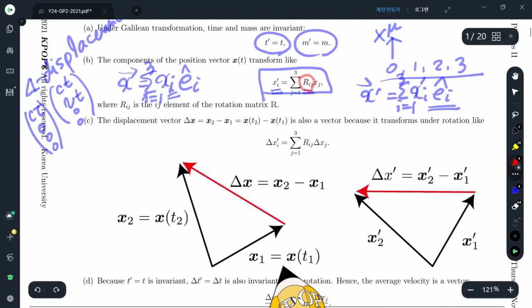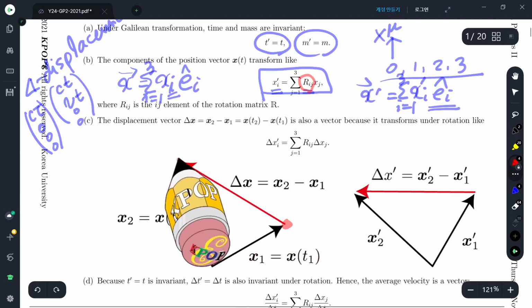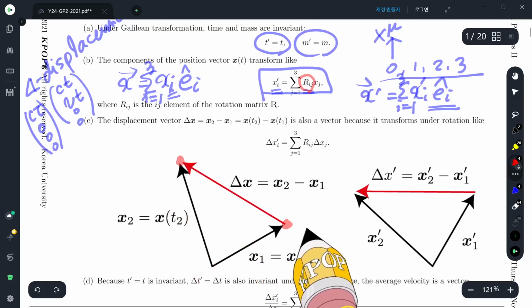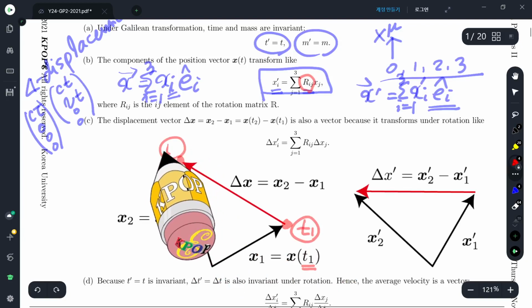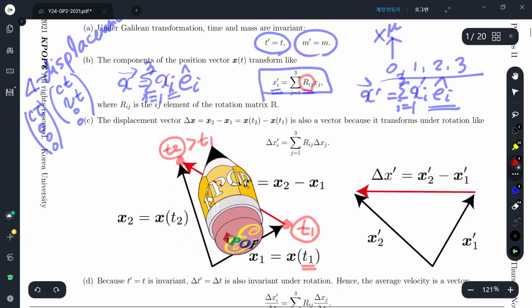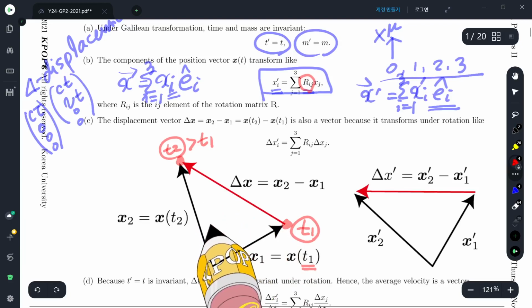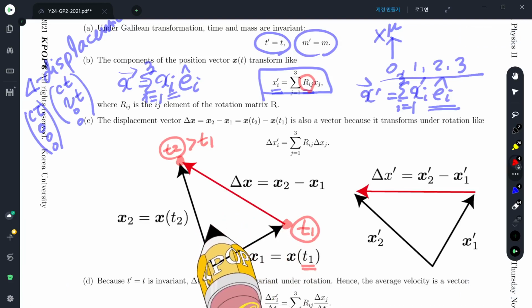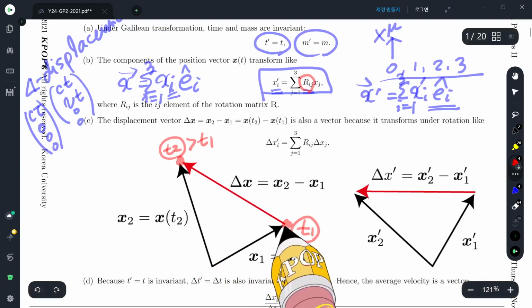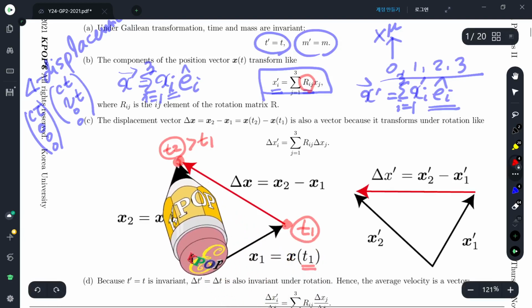If we want to compute the displacement of a particle from here to there, measured at time t1 and a later time t2 that is greater than t1, this red arrow indicates the displacement from the initial position to the final position.